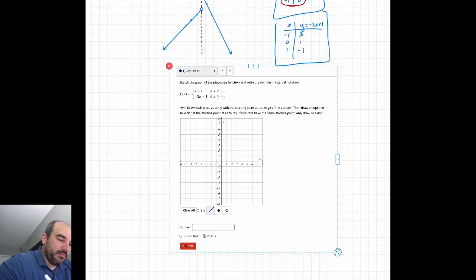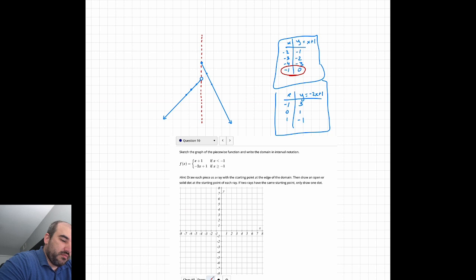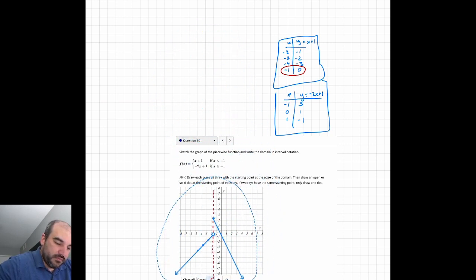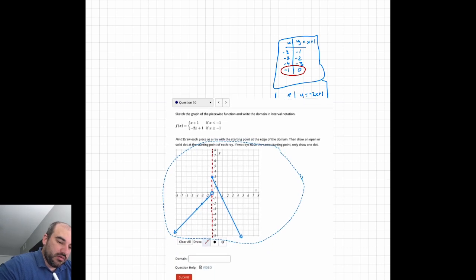Say that one more time. So the y equals negative 2 times x plus 1. Yeah. Is we get negative 2 and multiply it by the number that we have on the y. Are you asking about how we plugged in the numbers in the table?